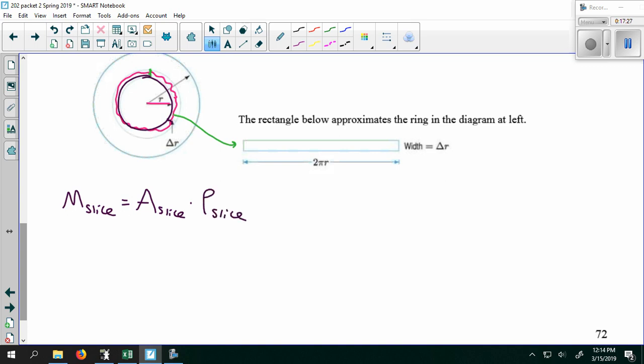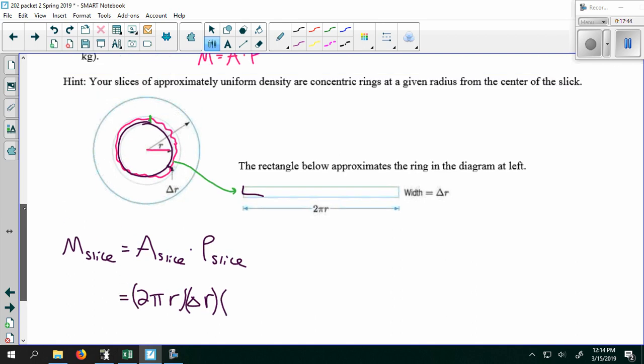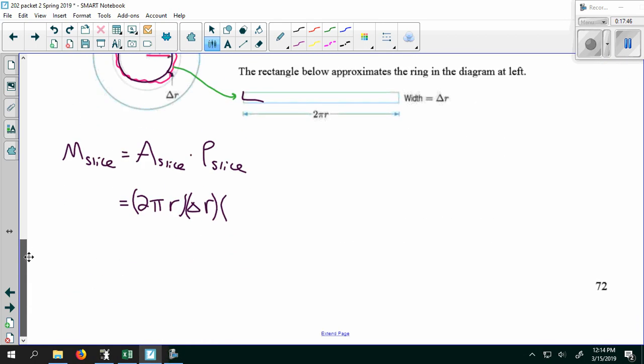And density was given by rho in this case. So the area of the slice, you think of this rectangular area, so it's 2 pi r delta r, and then times the density, which was 50 over 1 plus r.